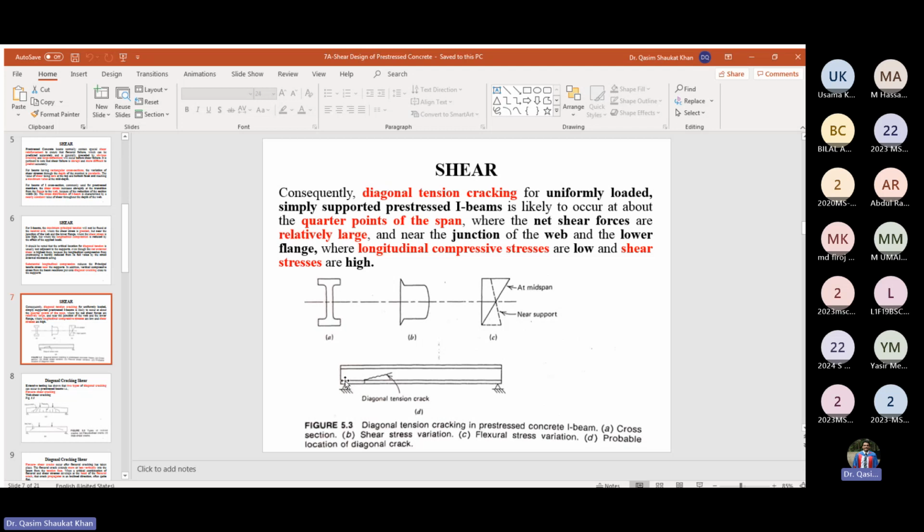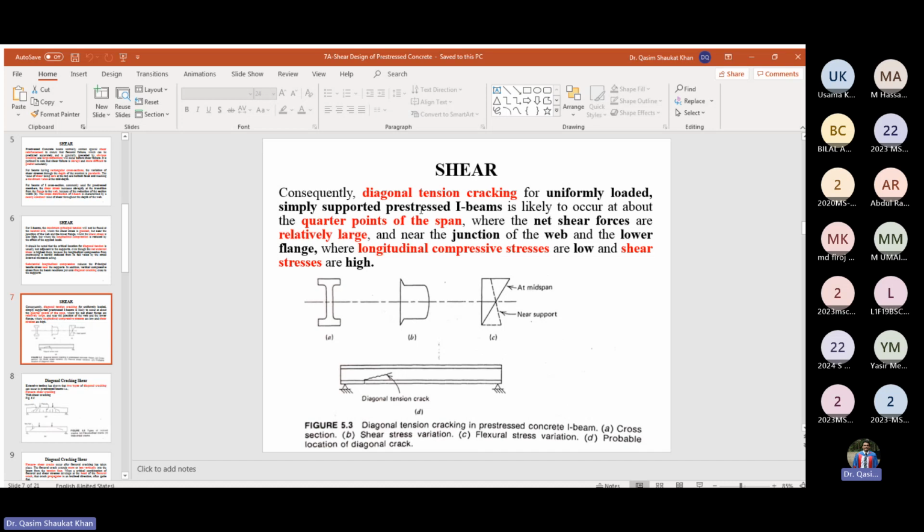As we move from supports towards the mid-span, your bending moment will increase. As you know, for a simply supported beam, at the supports we take the moment as 0, and at the mid-span we take the moment as WL square over 8.